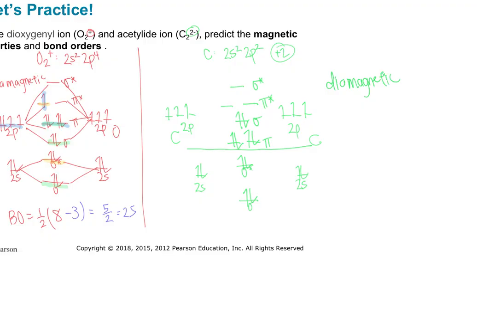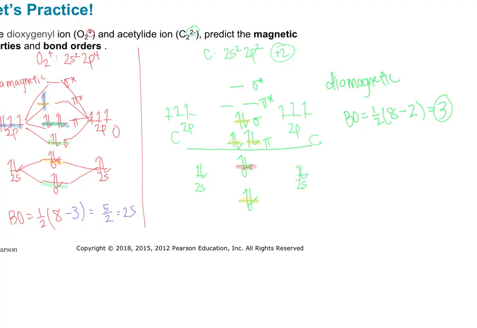The bond order is going to be a half times the bonding electrons, 2, 4, 6, 8, minus these 2 here, so minus 2. So we have 6 divided by 2, a bond order of 3. So a triple bond is what we see for acetylide.